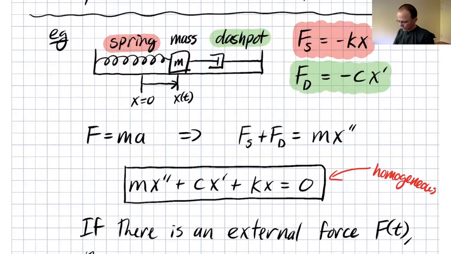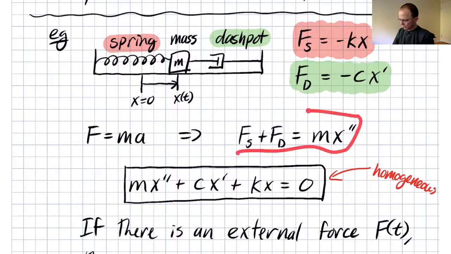Okay, so then we just use this well-known equation, force is equal to mass times acceleration. And what is the total force? We just add up the force from the spring and the force from the dashpot, and that is going to be equal to m times the second derivative of x.